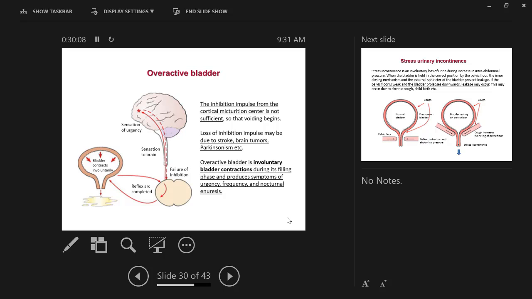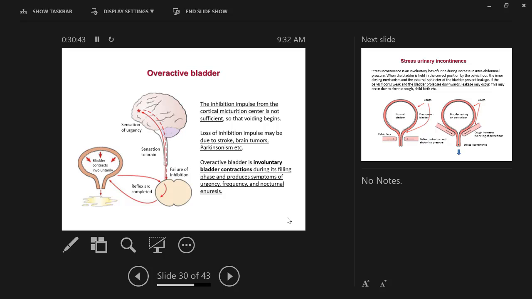Another common situation you will definitely see is overactive bladder. That is when the inhibition impulses from the cortical micturition center are not sufficient, due to stroke, brain tumors, or Parkinsonism. While brain tumors are not really common, strokes and Parkinsonism are very common, and then this feedback system is not working well.